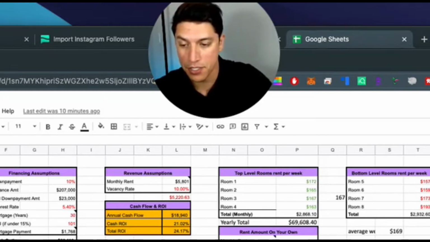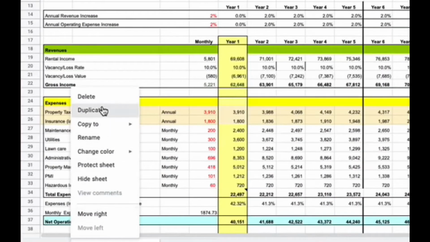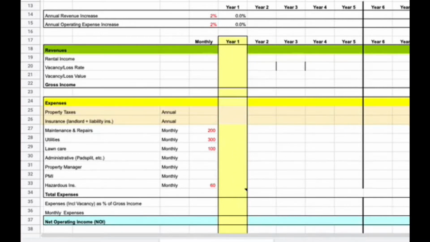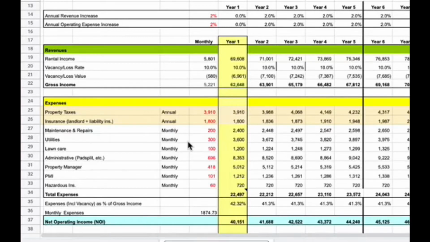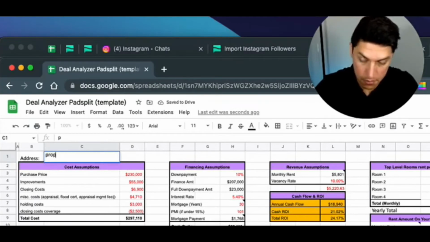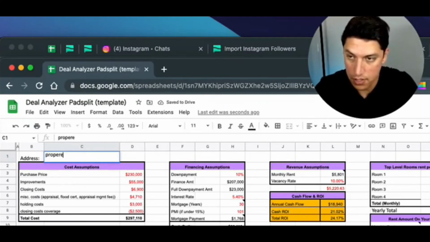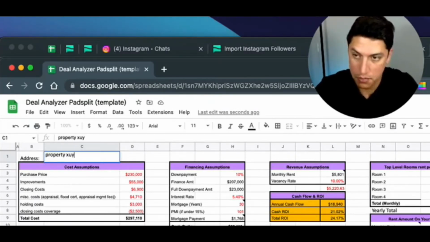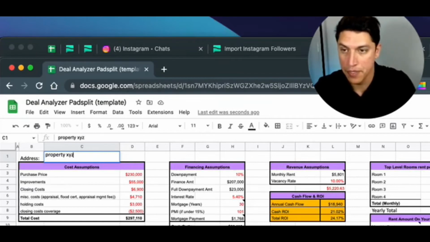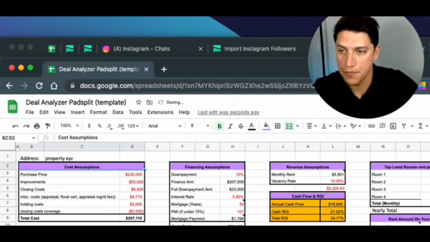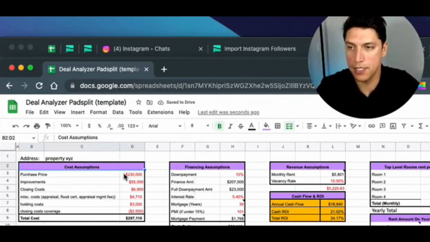It's better just to take this, duplicate it, and then as it gets duplicated, you just change this, rename it property XYZ, and up here, same thing, property XYZ. This is super simple, but I'm doing this because it's just organization. All right, and then we get into the details now.